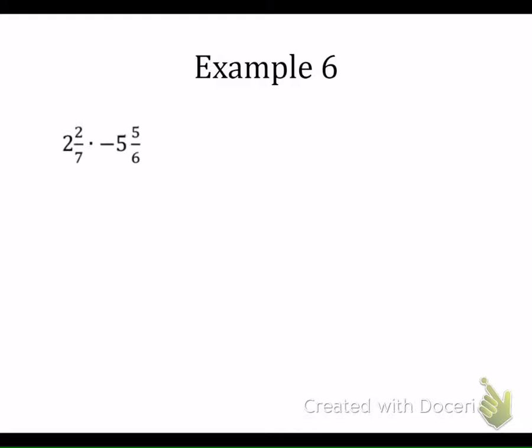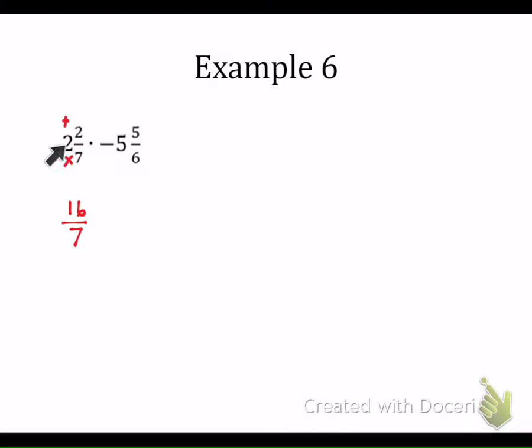Here we are working with more fractions. We actually need to turn these into improper fractions first. So in order to do that, we need to multiply these two numbers, and then we need to add this guy. So 7 times 2, that's 14, and then plus 2 is 16.